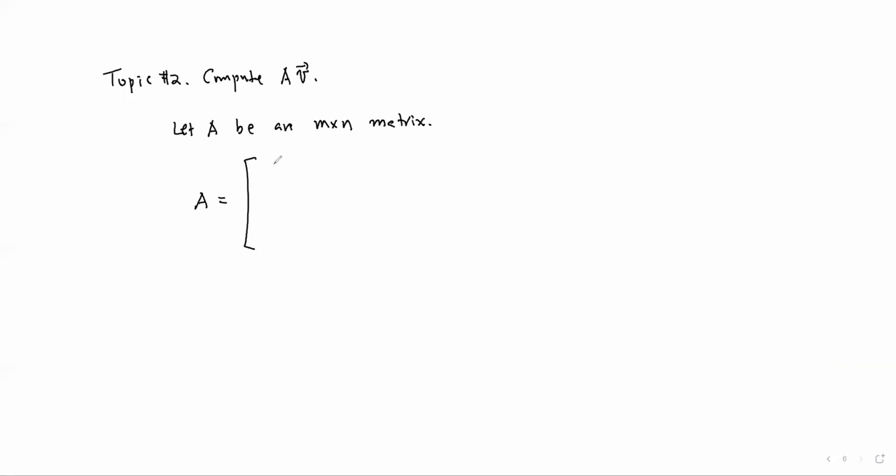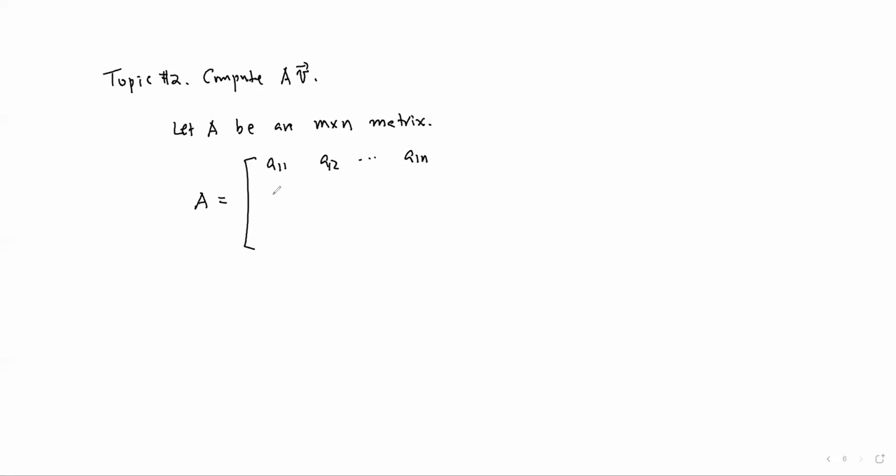The 1-1 entry is A11. The 1-2 entry is A12. And the matrix has N columns, so the last entry is A1N. This is row 1.